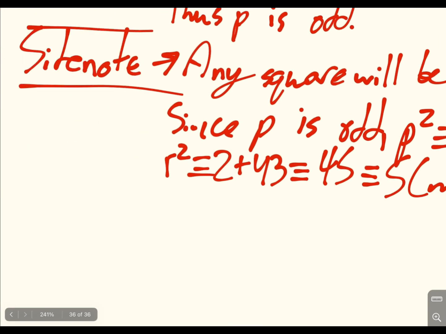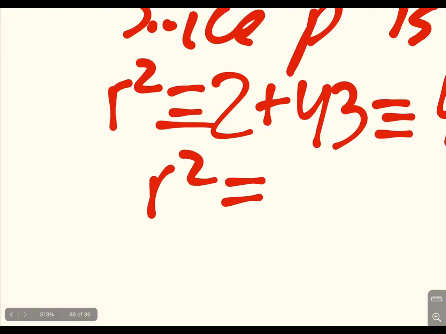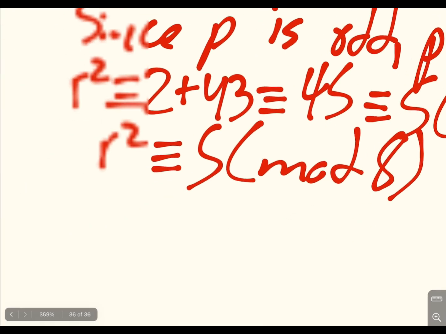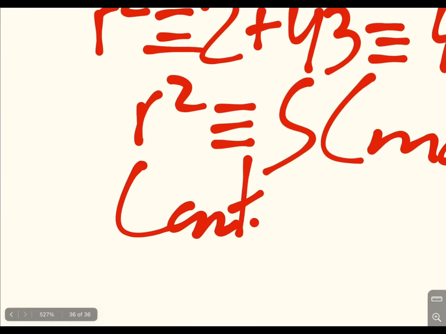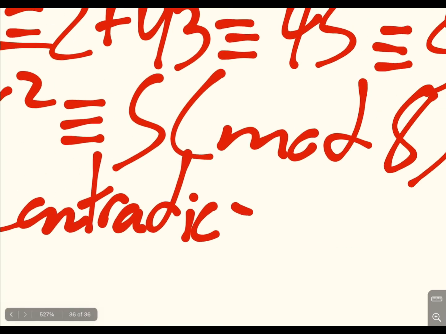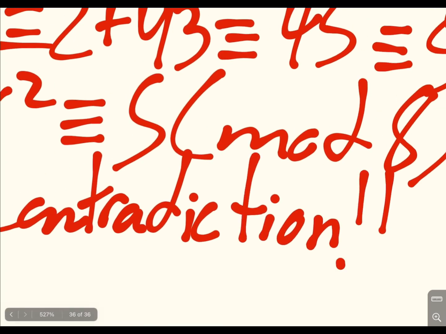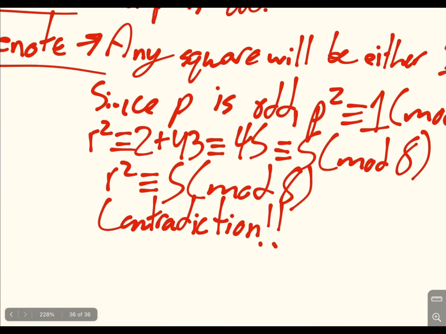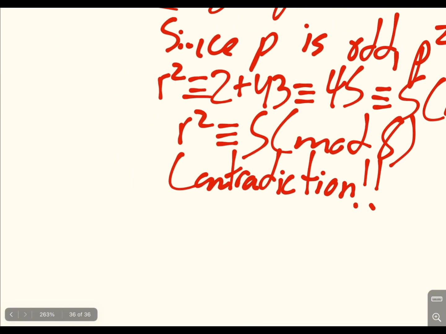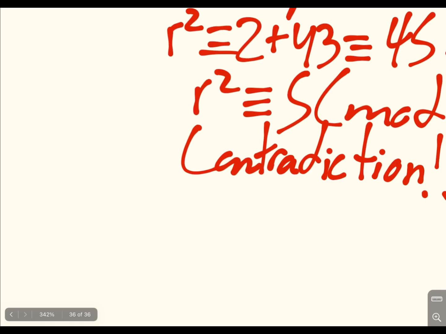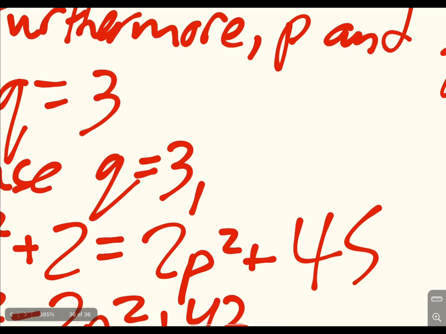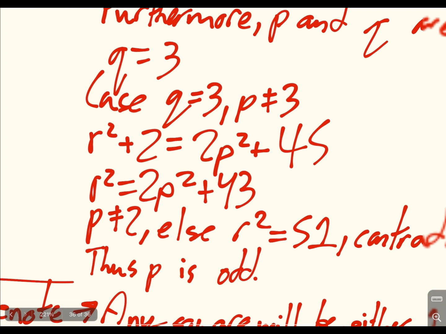But as we just noted, r squared being equal to 5 mod 8 is a contradiction, because any square will either be 1, 4, or 0 mod 8. So r squared being 5, that's not possible. So that means that this case does not work. Let's add additionally that p is not equal to 3. So yeah.